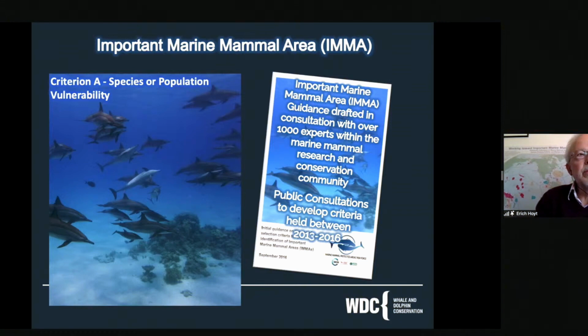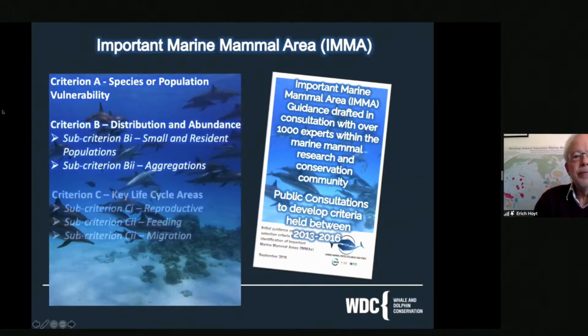We're not doing something that is based on hard numbers like key biodiversity areas. Important marine mammal areas are a place-based conservation tool. That's our definition: discrete portions of habitat important for one or more marine mammal species that have the potential to be delineated and managed for conservation.